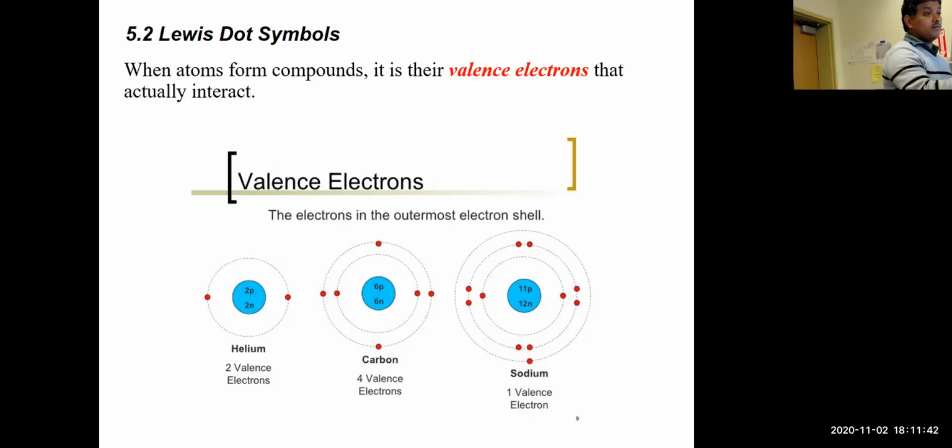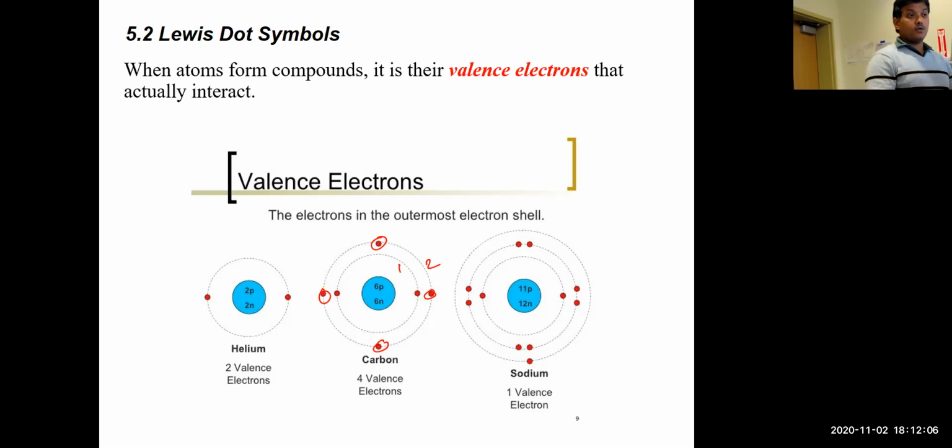Now what is the definition of valence electrons? All the electrons present in the outermost shell. There are 1, 2, 3, 4 electrons. It doesn't matter which subshell they are in, but what matters is how many electrons are present in the outermost shell.